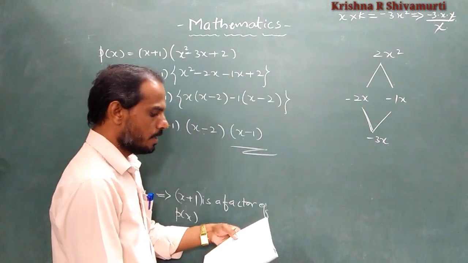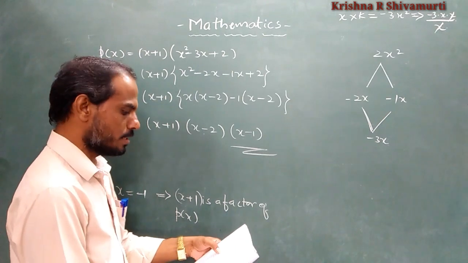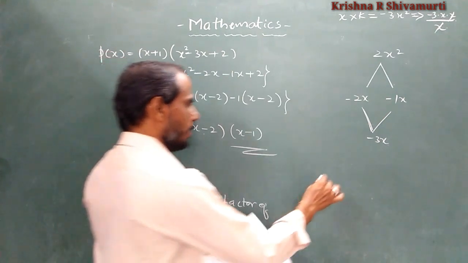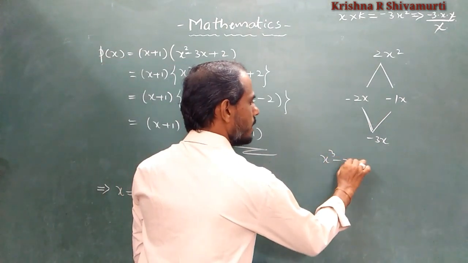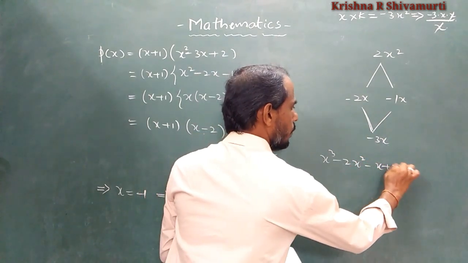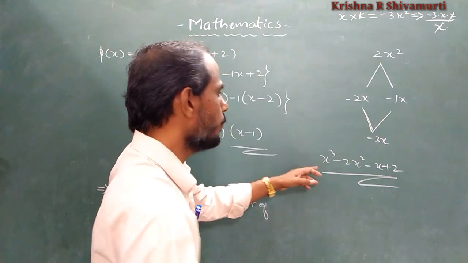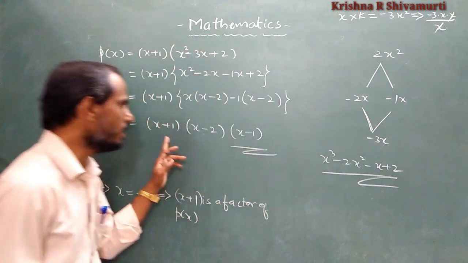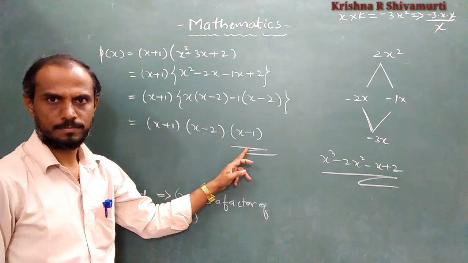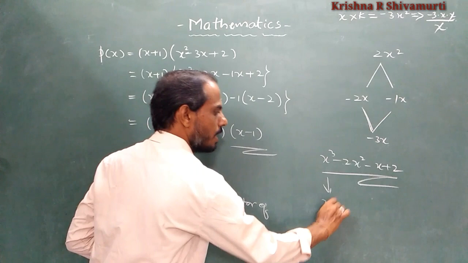The given polynomial is x cube minus 2x square minus x plus 2. This is a cubic polynomial. For this cubic polynomial, these are the factors. A cubic polynomial has 3 factors.